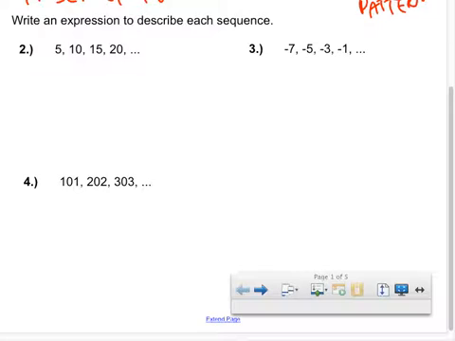Michaela, what is that? It's an arithmetic sequence, but what do we call the pattern that Charles identified from one term to the next? We're adding 5 each time. What do we call it? We had a name for that, and this is specific to arithmetic sequences. We add 5 every time. What is that?